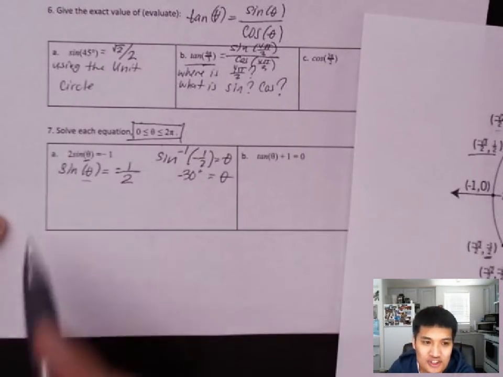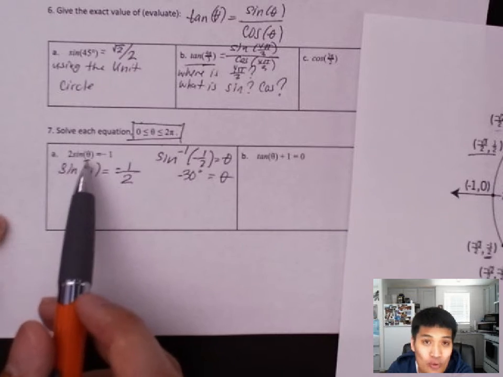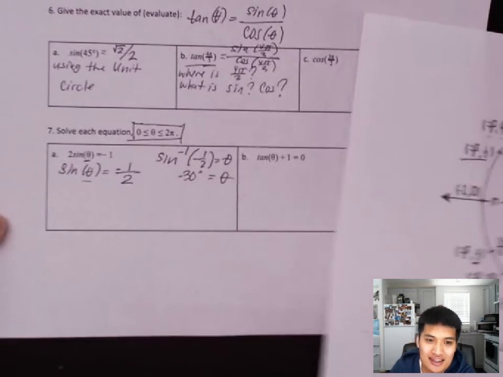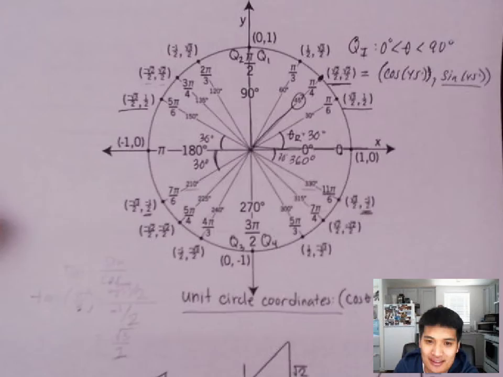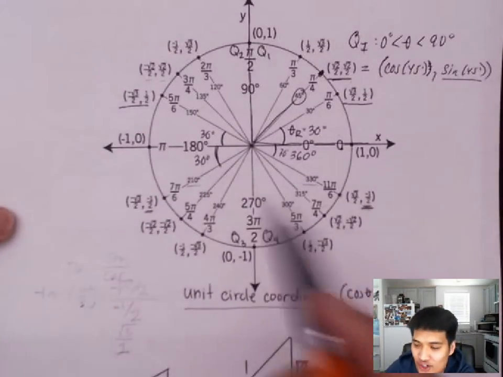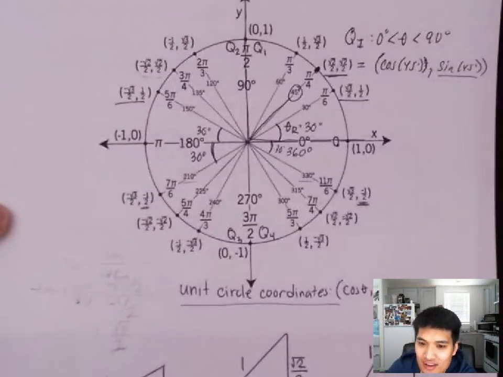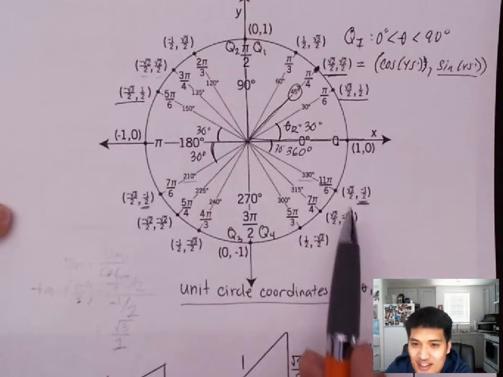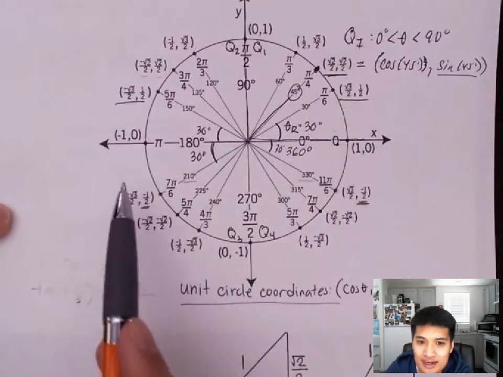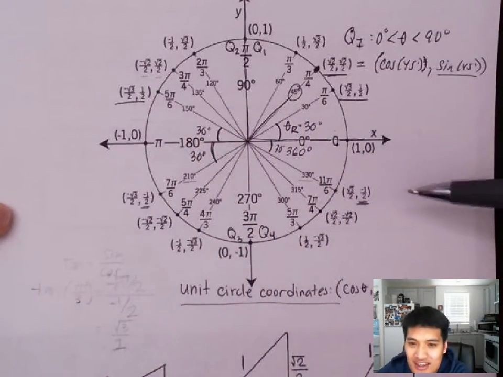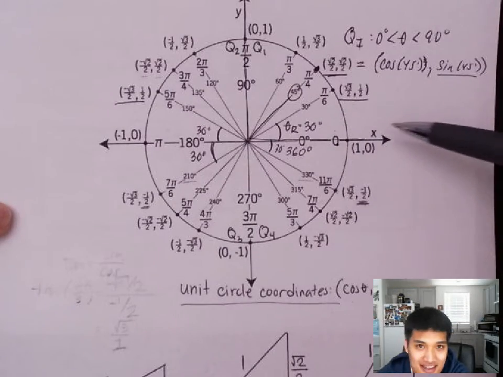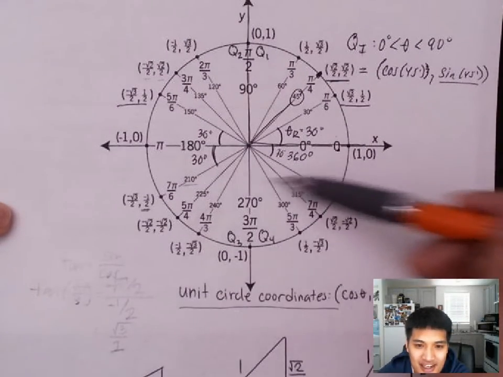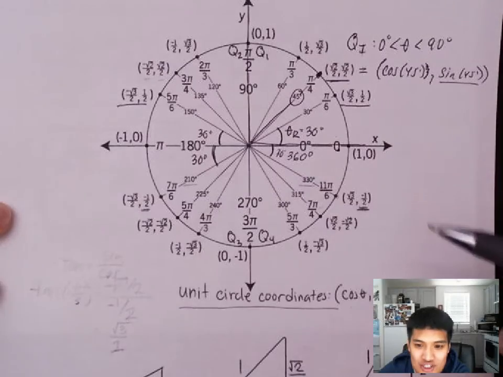Okay. So sine, remember, is the y values of the coordinates. So you want to take a look at our unit circle for all the y values that are -1/2. Considering the y value is negative, that must mean it has to be below the x-axis, so you should be looking in the third and fourth quadrants.